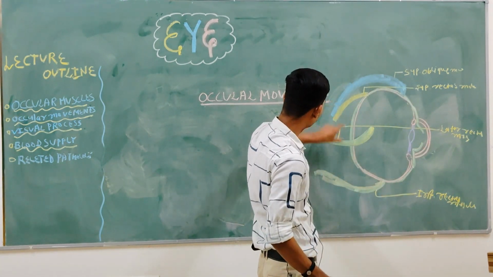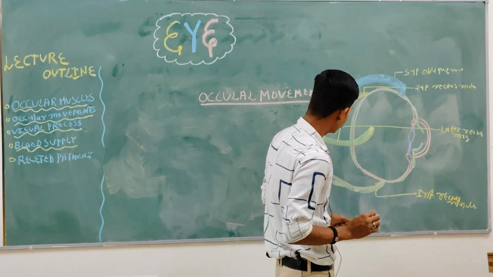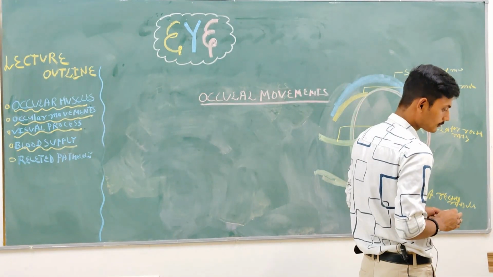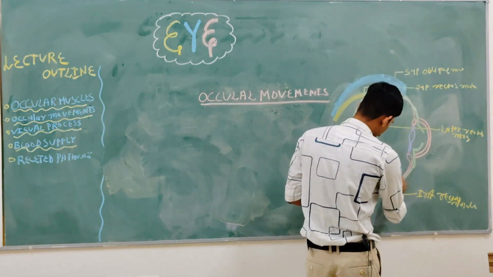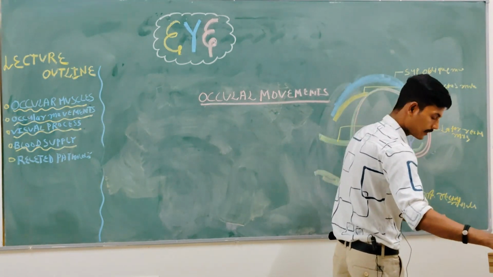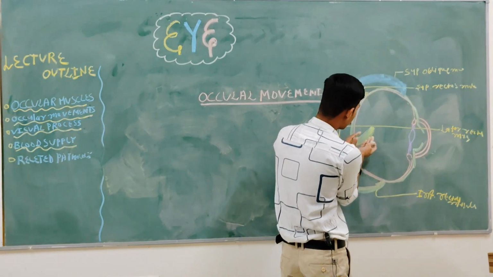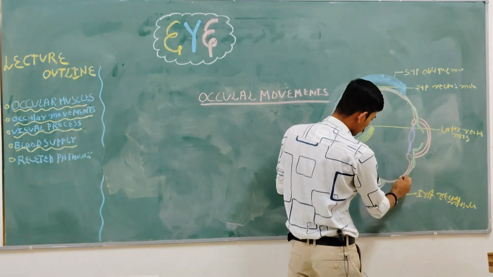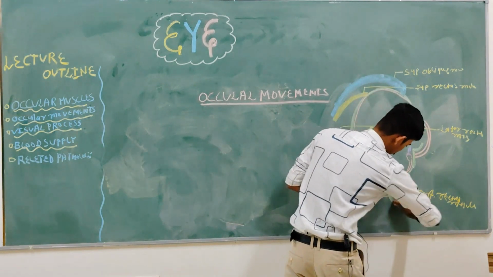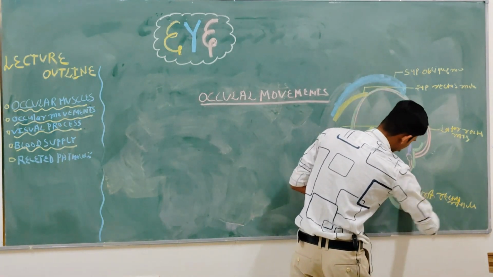Okay, how many? 2 to 4. 2 are left. One is present outside, the others are present inward, but one I should show. It is your inferior oblique muscle.